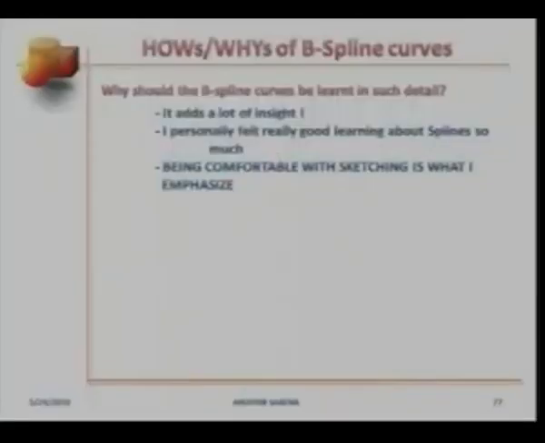Now that added a lot of insight as far as I was concerned. I personally felt it was a wonderful learning experience for me, and I wanted to share that with all of you. Again, being comfortable with sketching B-spline basis functions is what I have emphasized throughout, and I'll again lay importance on it.